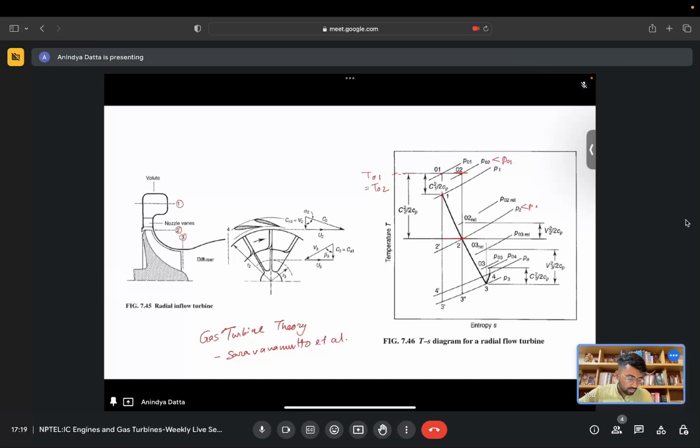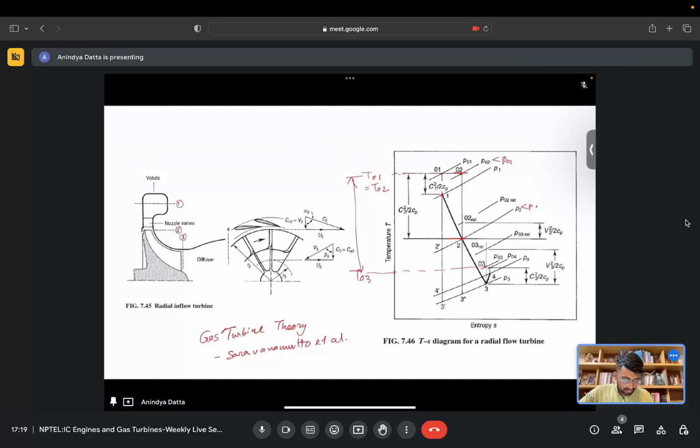Then 2 to 3 is our rotor, where there is work output happening, as a result of which the total temperature is falling. Here T03 has fallen compared to T02, and Cp times this difference, delta T0, is basically our work output.